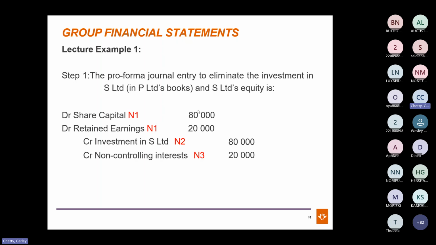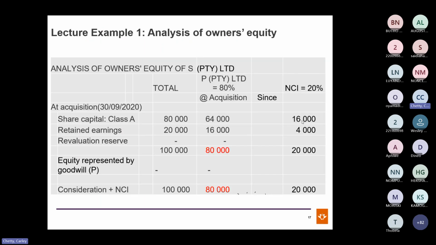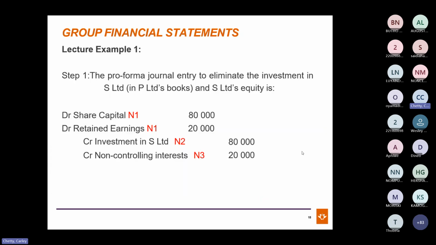If we go back to our analysis of owner's equity, you can see that the non-controlling interest is 20,000 on acquisition. So we are going to credit non-controlling interest with 20,000. You can see that these journals balance. Your debits equal your credits, which means there's no goodwill or gain on bargain purchase in this scenario. Okay, so this is the pro forma journal entry.